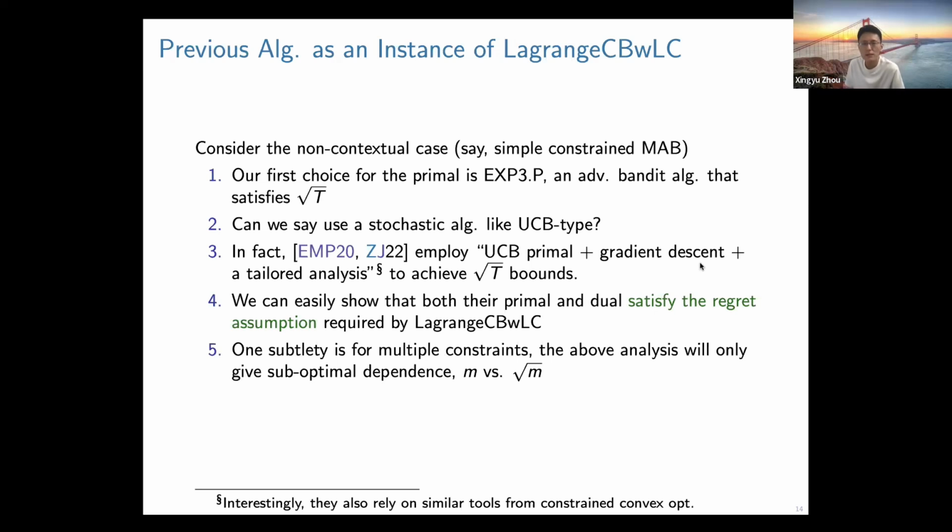For multiple constraints, if you want to follow this approach, we will sacrifice an even worse dependence on the number of constraints. I want to mention that in both of these two works, they also rely on a very similar tool, the lemma from our key lemma. But they use it in a very tailored analysis rather than through this kind of low regret dynamics and saddle point. So basically, they do not explicitly view it as saddle point optimization.